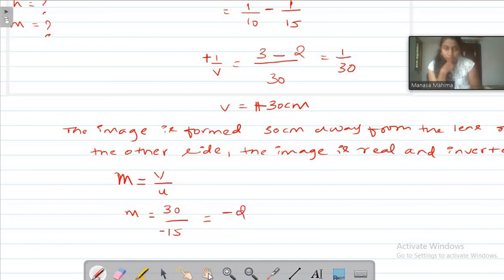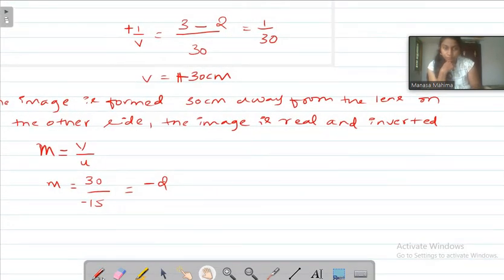And one more thing, we have to find the height of the image, right? We know m is equal to h prime by h. We know the value of m, and we know the value of h, so we can find h prime easily, m into h.